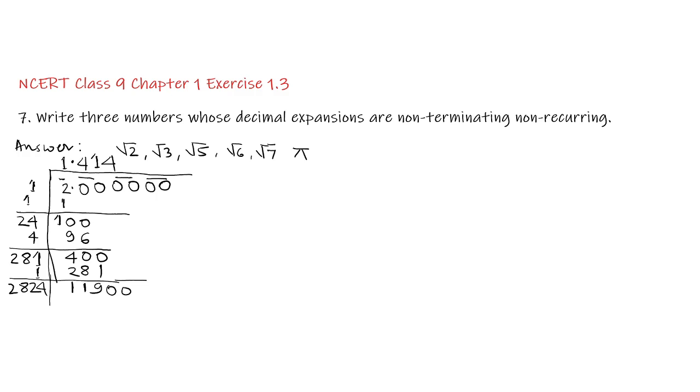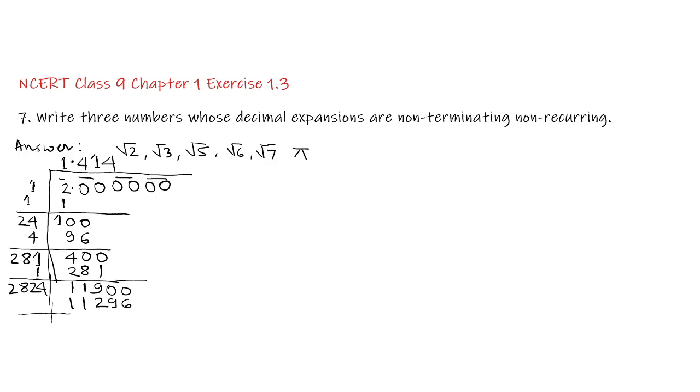So our divisor becomes 2824, and 2824 multiplied by 4 gives us, let's multiply and find out. 4 times 4 is 16. We carry 1. 4 times 2 is 8 plus 1 is 9. 4 times 8 is 32. We put 2 and carry 3. 4 times 2 is 8 plus 3 is 11.